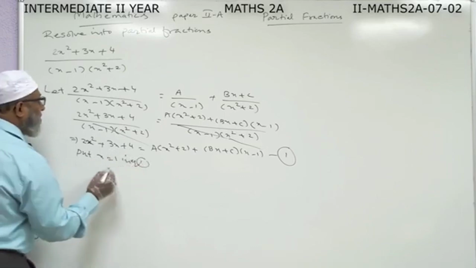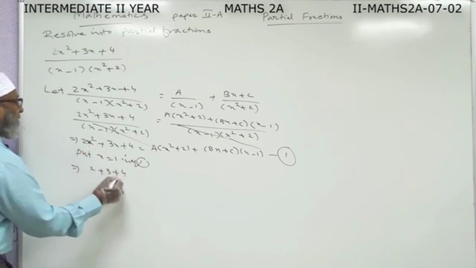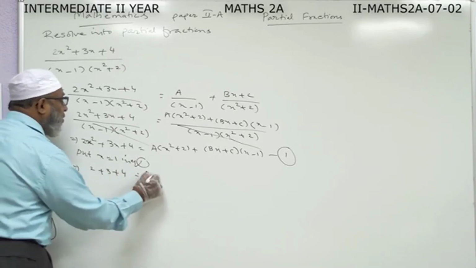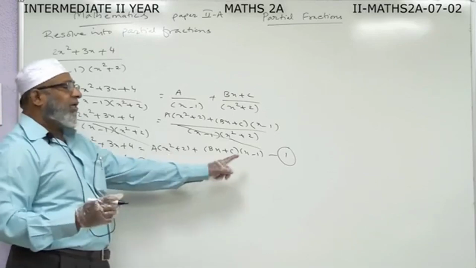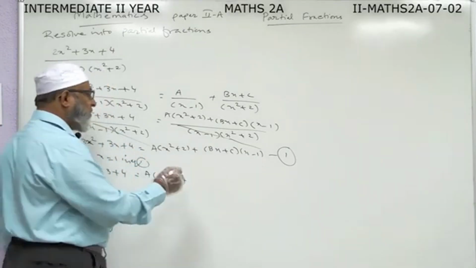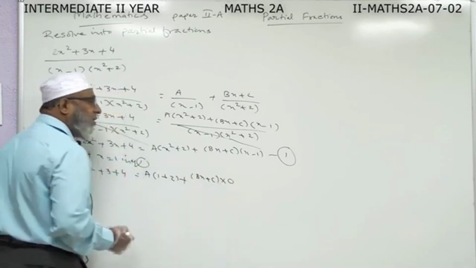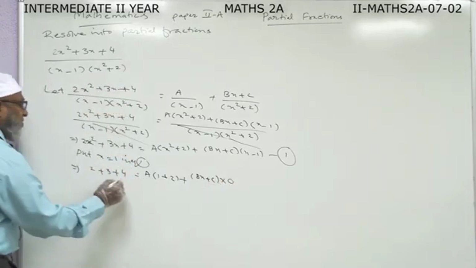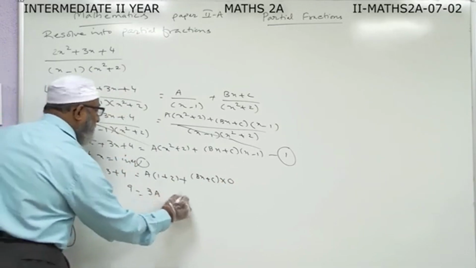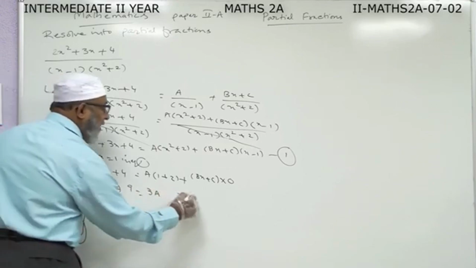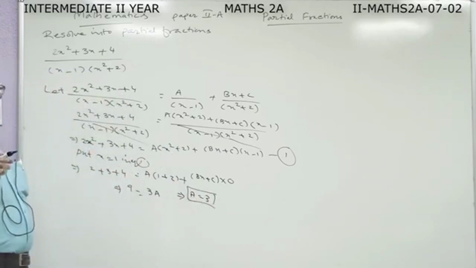This is 2 + 3 + 4 = a(1 + 2) plus, if I put x = 1, x − 1 is 0. Therefore, (bx + c) into this part will be 0, which gives me 4 + 3 = 7, plus 2 = 9, equal to 3a. This implies that a = 3. So, I got one value.